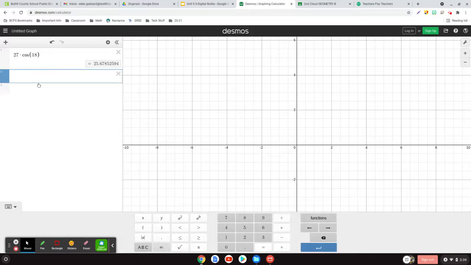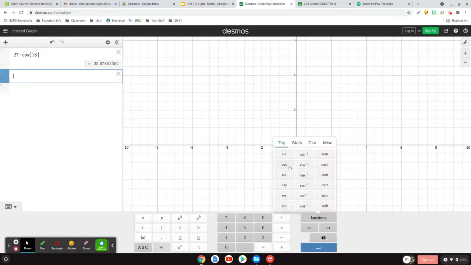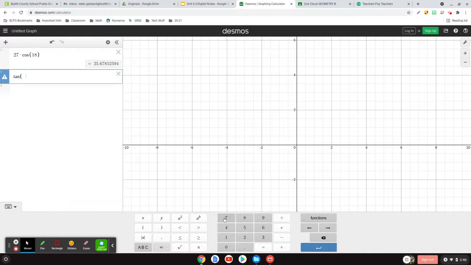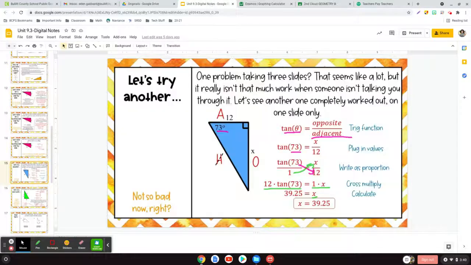So here, we'll put the tangent of, what was our angle? 73 times 12. We get 39.250. And here we have 39.25. All the hard work, the calculator's doing it for us.